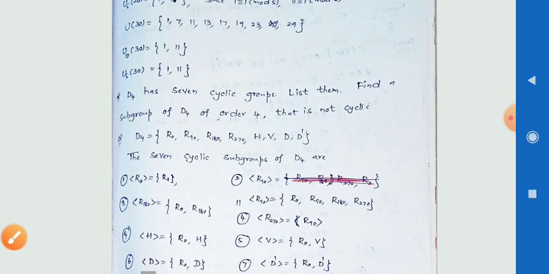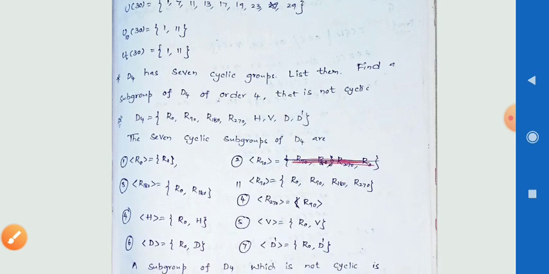Okay, the solution. D4 is the dihedral group. The dihedral group set is equal to R0 rotation 0, rotation 90, rotation 180, rotation 270, horizontal reflection, vertical reflection, diagonal reflection.